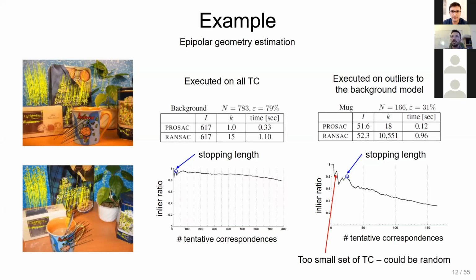There is actually a shorter sequence of tentative correspondences that would lead to faster stopping, but this turns out to be too small, so that the number of inliers within this sequence can be random.